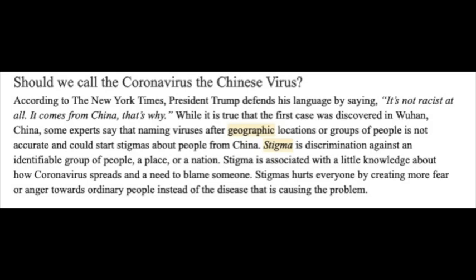Stigma is discrimination against an identifiable group of people, a place, or a nation. Stigma is associated with a little knowledge about how coronavirus spreads and a need to blame someone. Stigmas hurt everyone by creating more fear or anger towards ordinary people instead of the disease that is causing the problem.